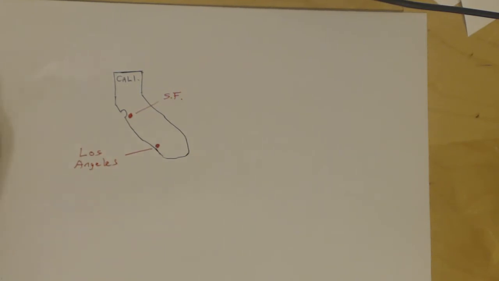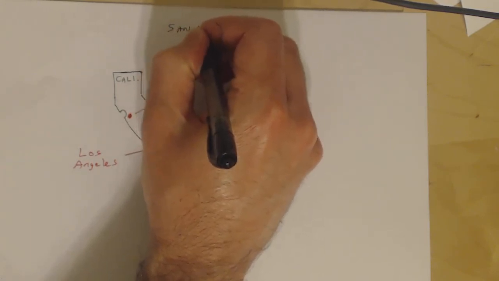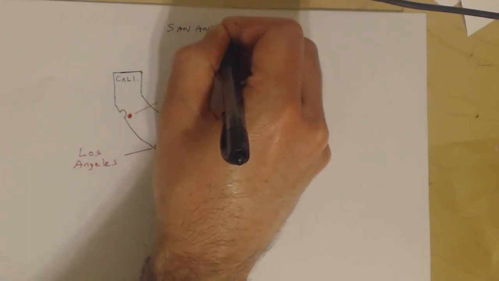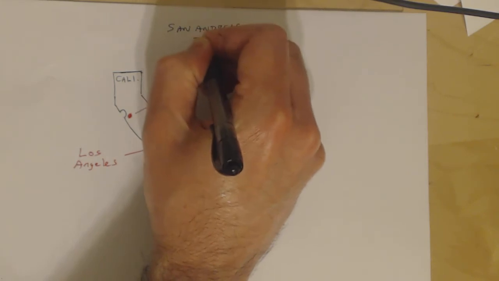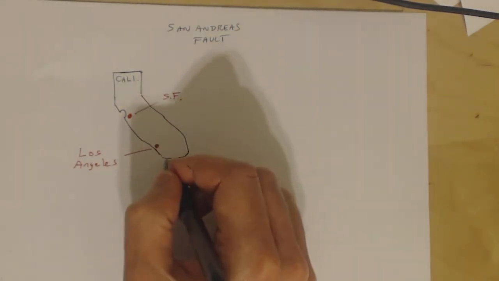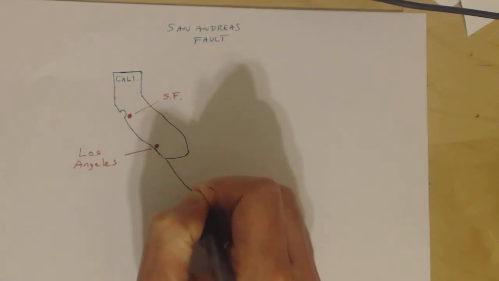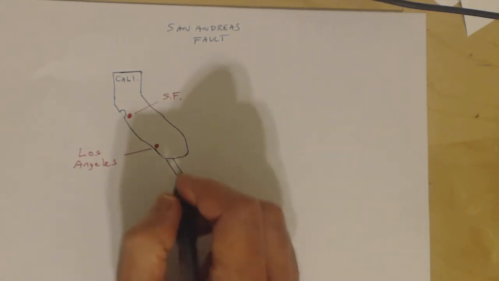All right, as most of you are probably aware, there's a big fault that runs through most of California called the San Andreas Fault. And it looks something like this. Coming down from California is a little peninsula called the Baja Peninsula or Baja California.